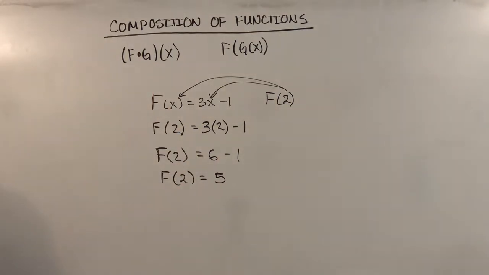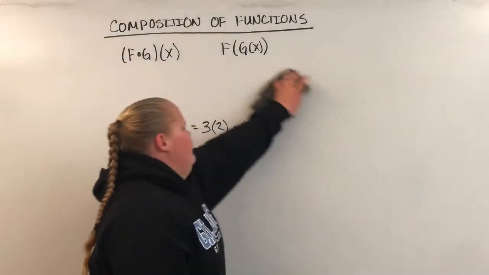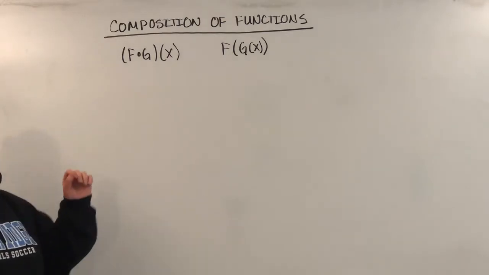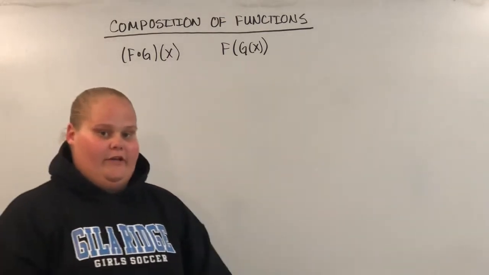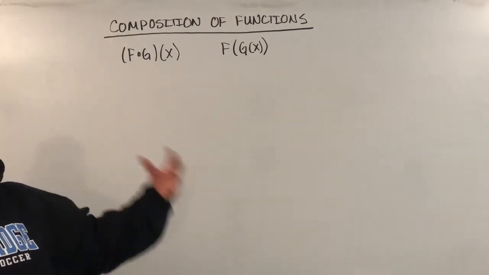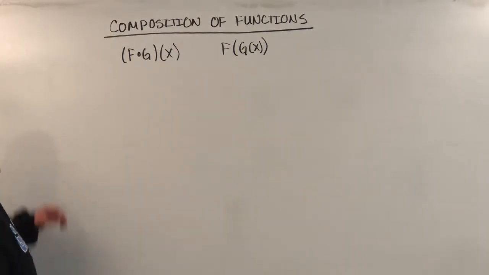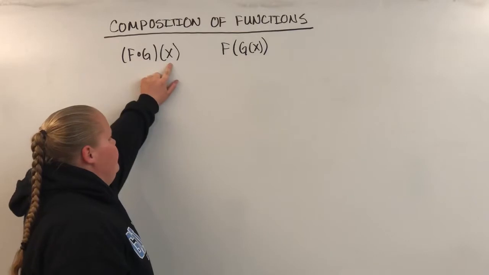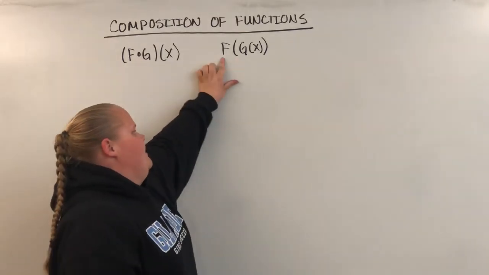Composition of functions is pretty similar to this, except instead of seeing find f of 3 or find f of some number, what you're going to see is a thing like this. It'll say f of g of x, and this reads the same, f of g of x.